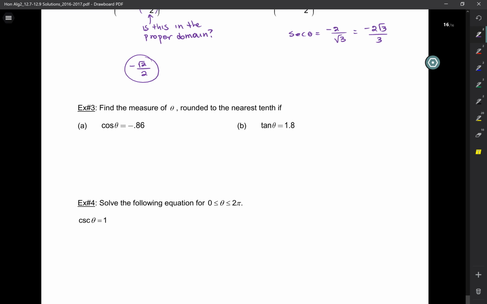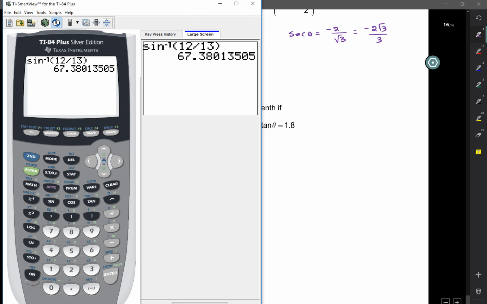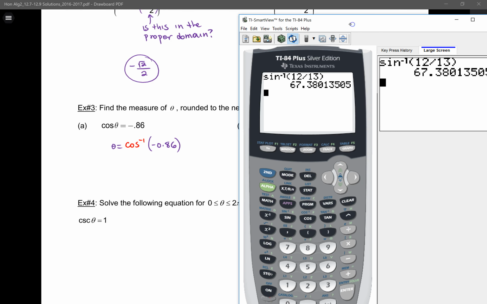Okay, here, find the measure of theta. So we are going to use our calculator on this. Theta is going to be the inverse cosine of negative 0.86.